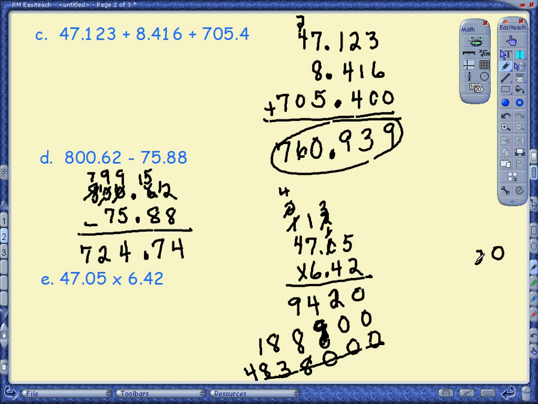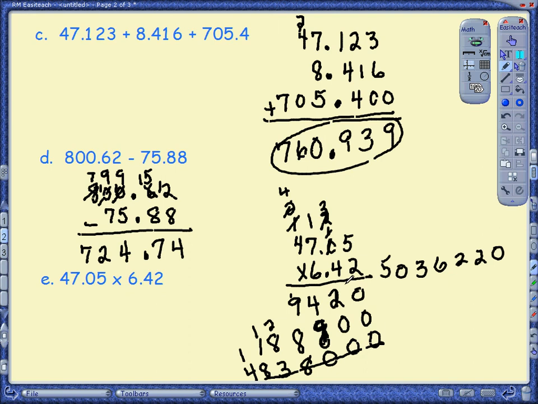I have a 0, 2. 4 plus 8 is 12. Carry a 1. 10, 18, 26. Carry a 2. 2 plus 8 is 10, plus 3 is 13. Carry a 1. A 10, carry a 1, and a 5.